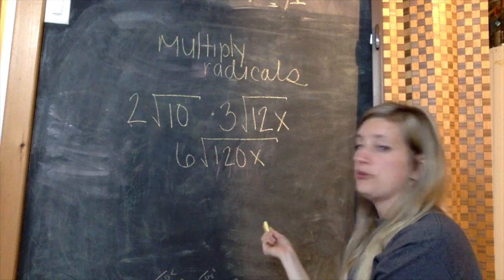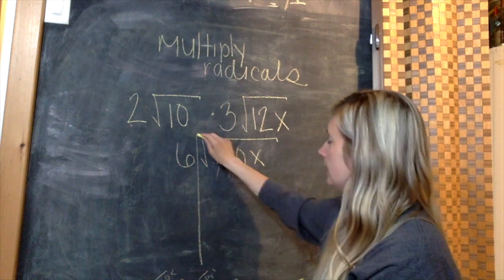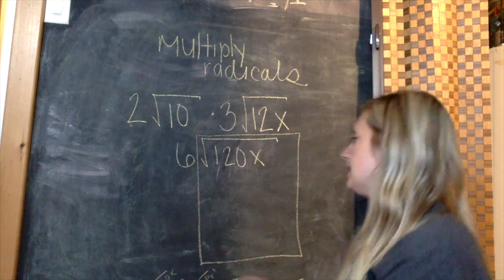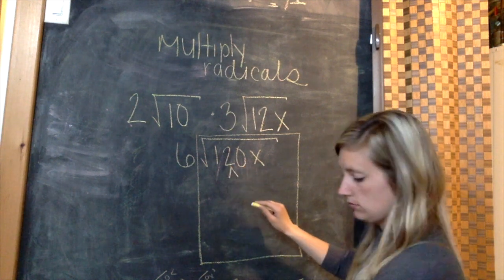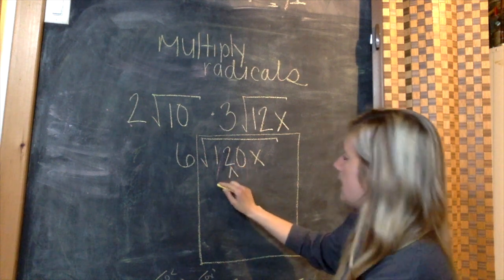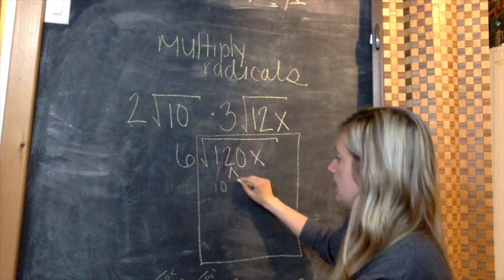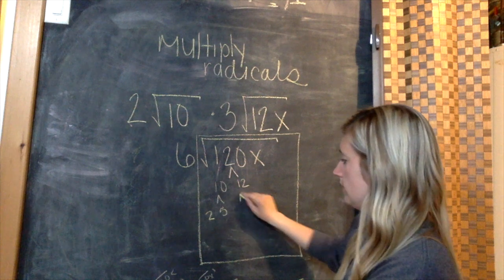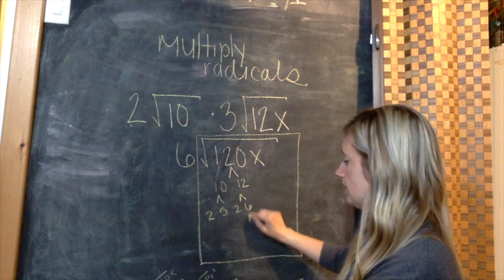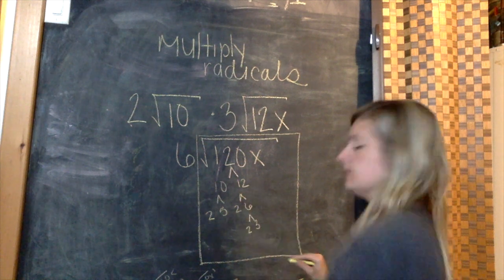Okay, so then now we break it down, kind of like last week. Break down the 120. So you're looking at, let's see, 10 and 12, 2 and 5, 2 and 6, 2 and 3.